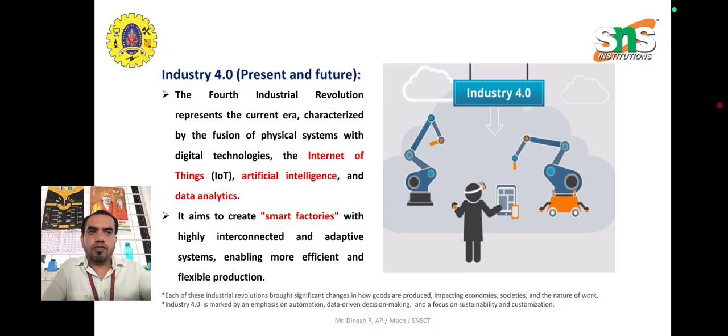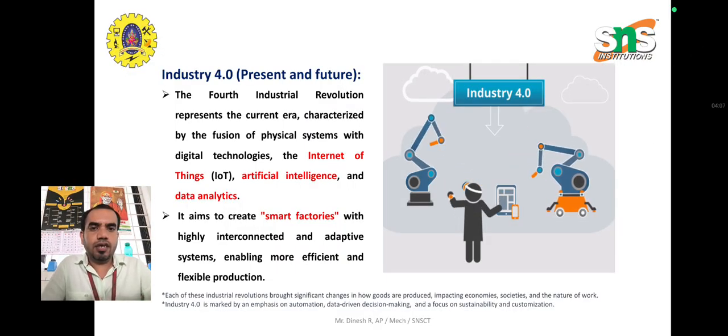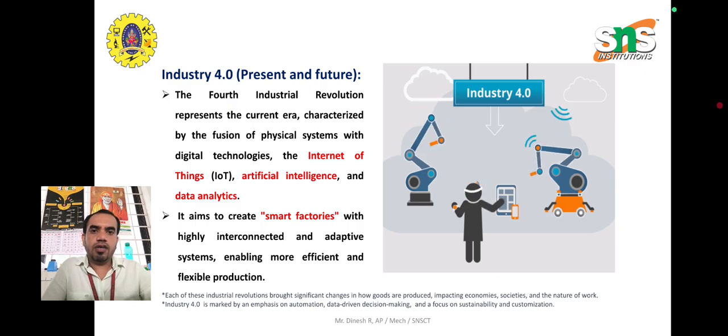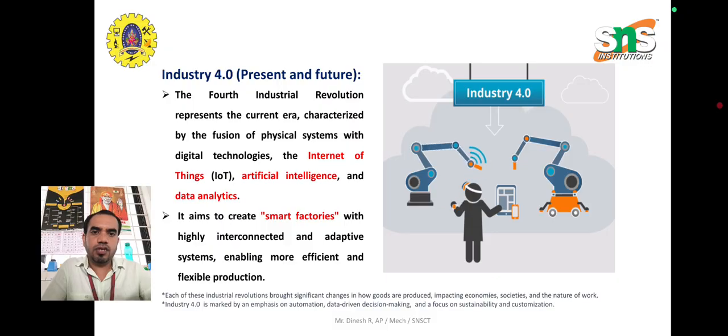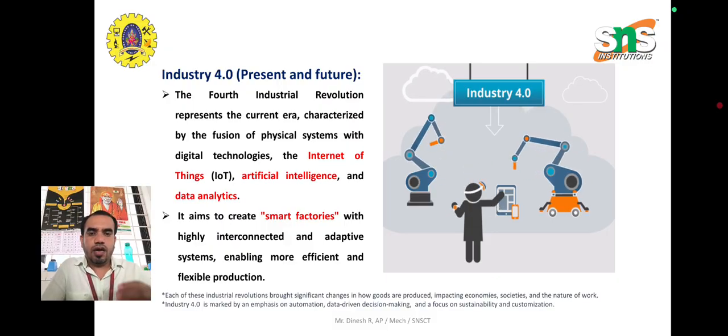Okay, so we have to understand it. In order to understand it very clearly, what if in today's manufacturing system, it's a smart factory? Okay, smart factories means factories which have the ability to think by themselves, and the work will be executed by itself.